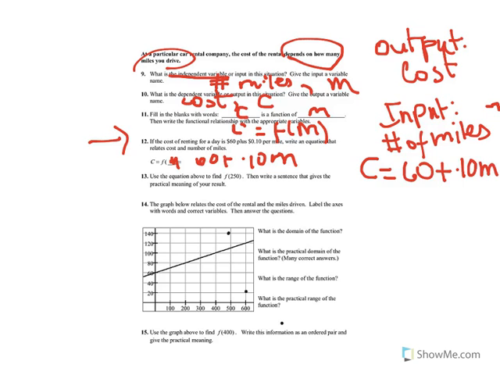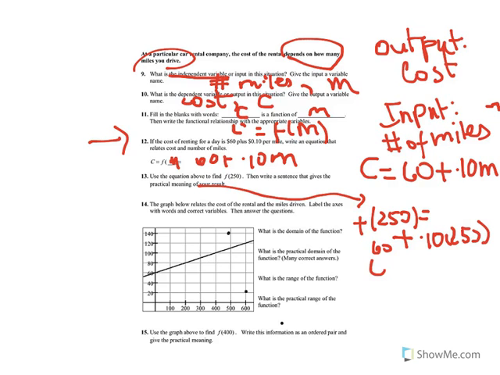What would be f of 250? So how do we find f of 250? F of 250 would be 60 plus 0.10 times 250. We all know that 0.10 times 250 is 25, so it's $85.